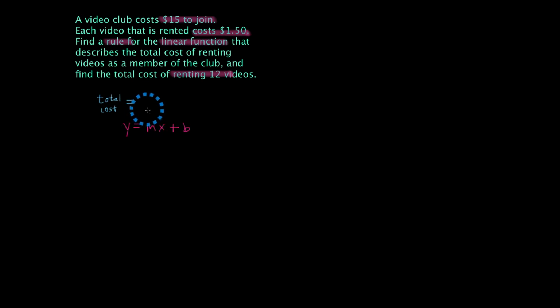So I'm going to think of m as the rate of change, or simply the rate, and I'm just going to box this up in its own little house here. So the rate times m times x, and x is going to represent the number of videos that are rented. So the rate times the number of videos rented.